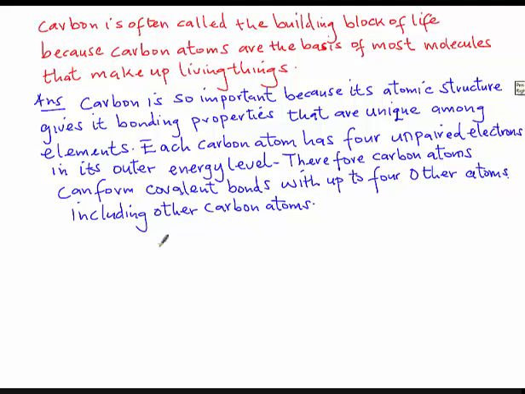Let's look at the structure here, just to give an example. This is methane, which has only 1 carbon, joined to hydrogen 4. Sorry, this is supposed to be carbon, hydrogen 4. Make it clearer here.